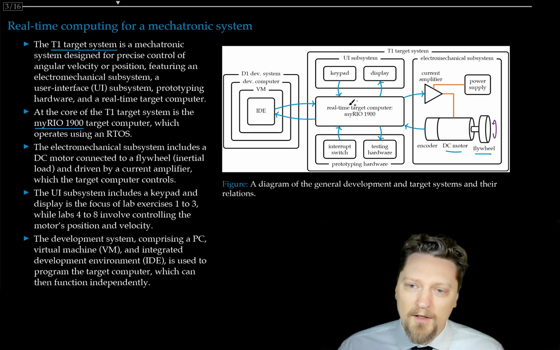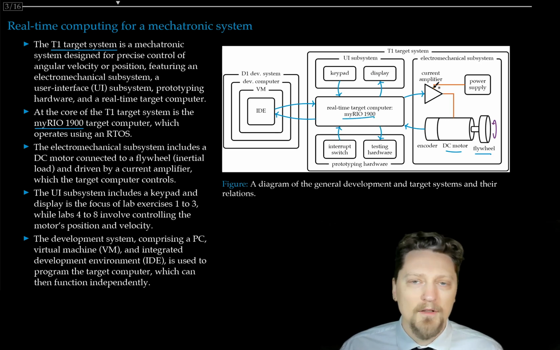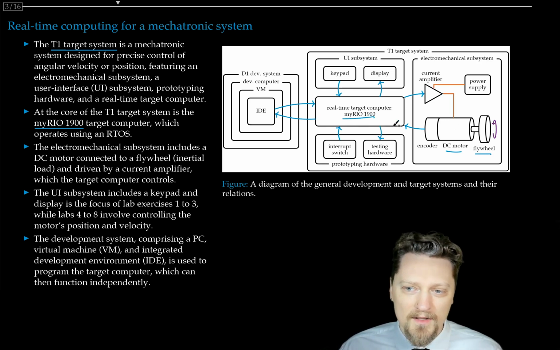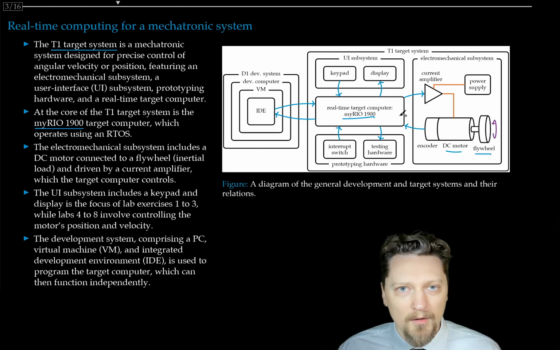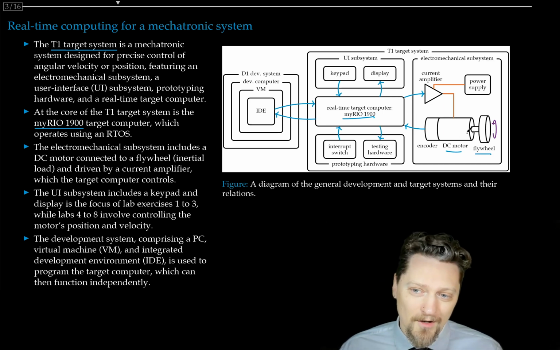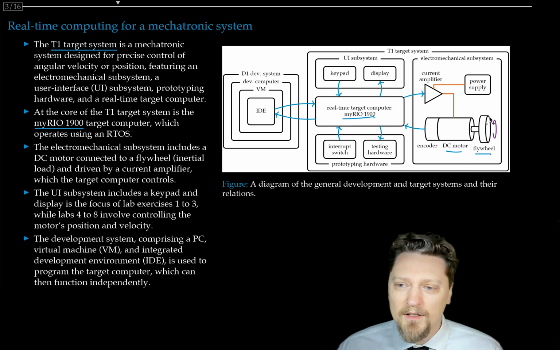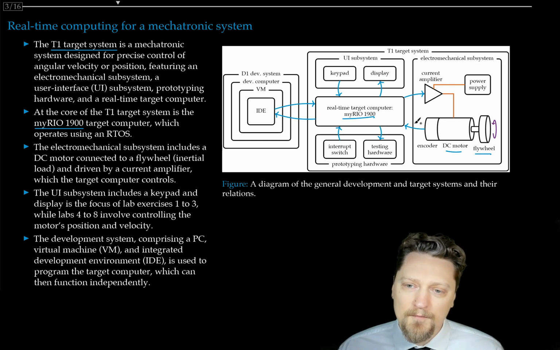The real-time target computer, the MyRIO 1900, is what controls the amplifier and gets feedback from the encoder about the angular position of the DC motor and the flywheel, which is attached to the shaft of the motor through a coupler.